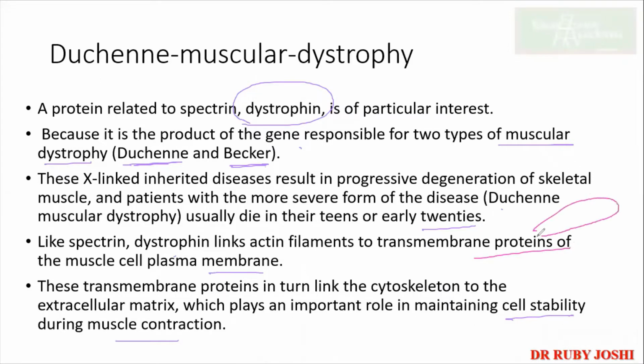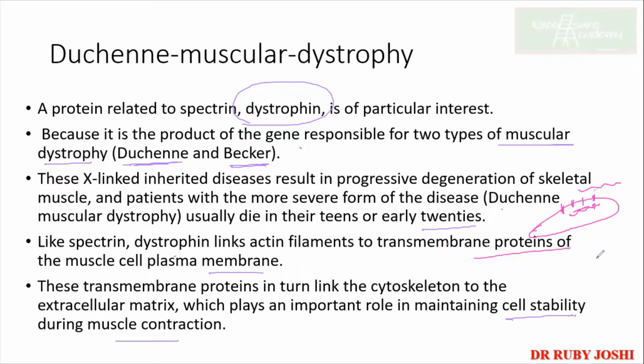Okay, ये आपका, let us say this is your skeletal muscle cell, उसका plasma membrane है. It has got proteins present over here. Transmembrane proteins are there. Now these transmembrane proteins are making sure that the actin filaments over here and the extracellular matrix are in connection. Okay, so this will help in maintaining the stability of the cell during the contraction.